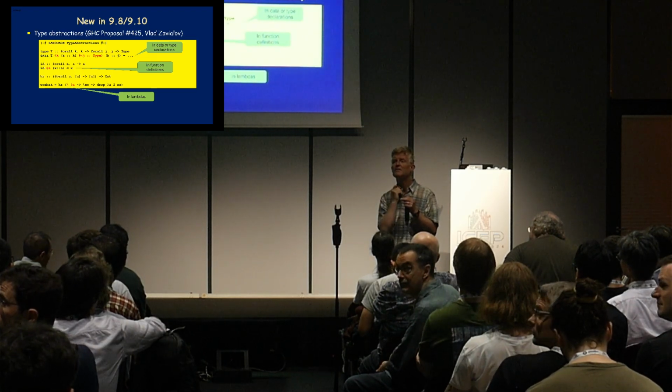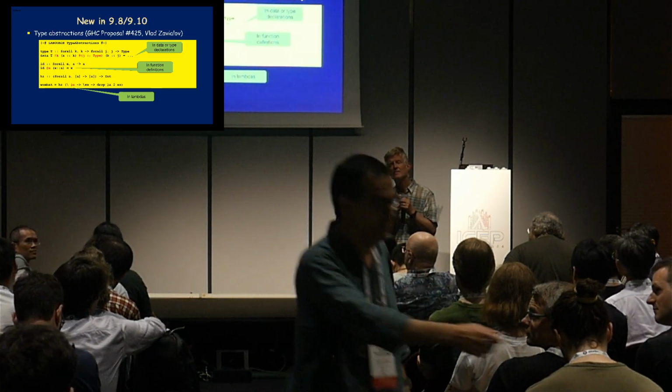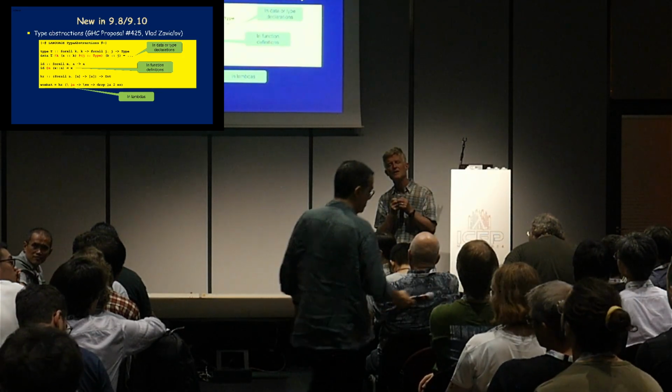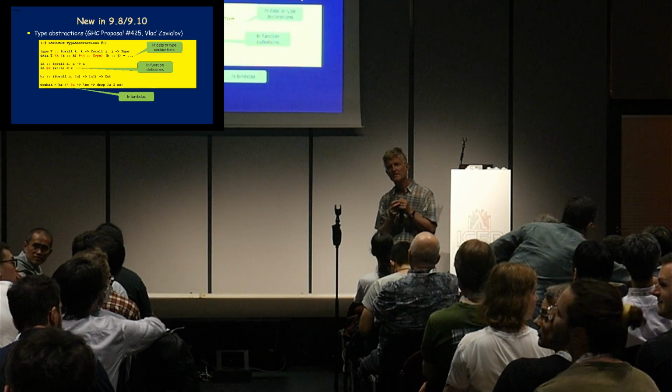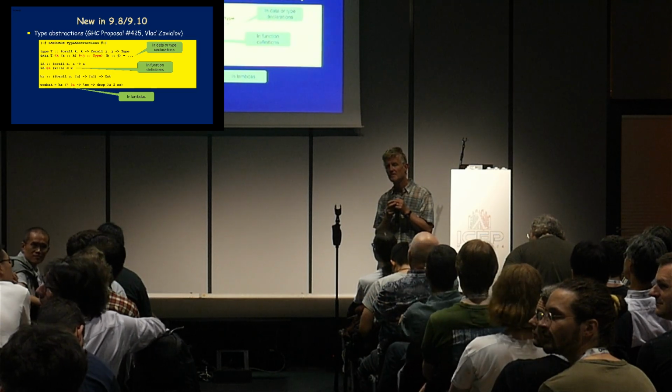Yep. Maybe it's my problem, but if you put a typed hole where it expects a type parameter, what will it do? So say that once again? If you put a typed hole where you would say, you know, int, or if I say sizeof underscore. Oh, I see.